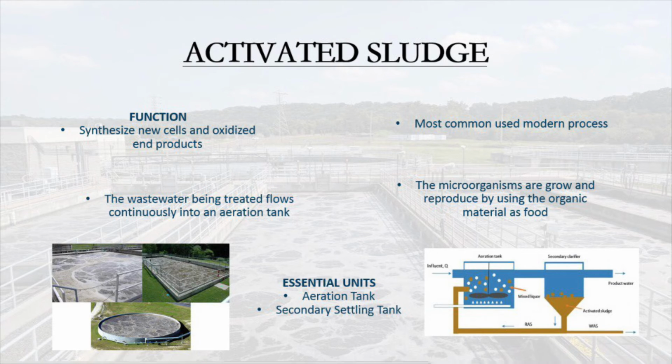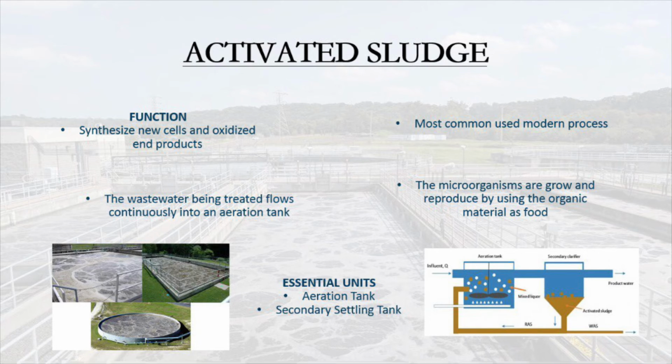Wastewater rich in organic matter blended with return sludge rich in microorganisms is called mixed liquor. Activated sludge is the most commonly used modern process for biological treatment. The majority of bacteria present in activated sludge are heterotrophic, including Zoogloea.